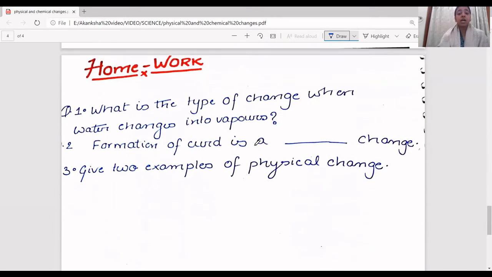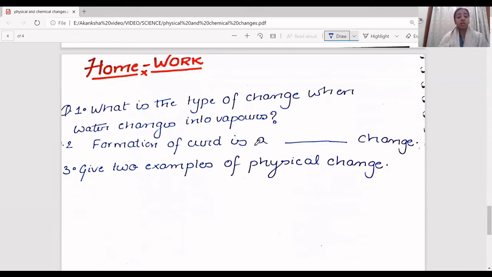Okay, we have certain homework questions. I will solve them for you right now. What is the type of change when water changes into vapor? Anybody? From vapors, you can get your water back again, right? When you put a lid and then vaporize things, those vapors again come back to liquid form.